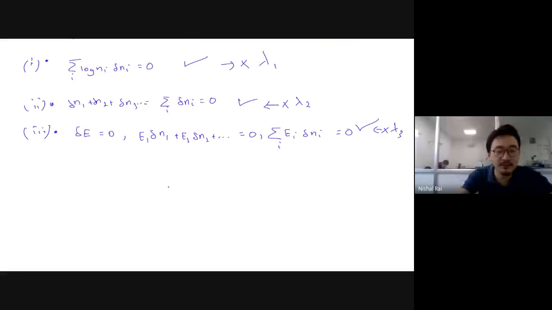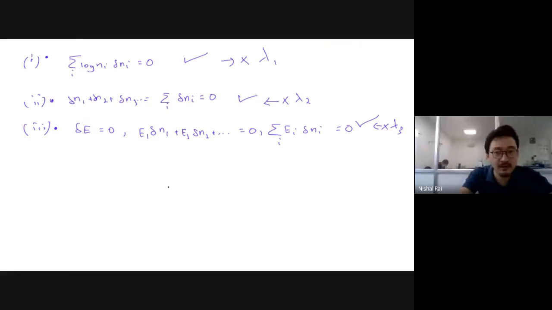I think it's the same thing you have done in your Lagrange undetermined multipliers. Do you all remember that in classical mechanics? For the time being, the condition is basically that these 3 should be satisfied simultaneously. And in addition to this, you have this delta Ni sitting over here, here, everywhere. So for all these quantities to be satisfied simultaneously, what do we usually do? We multiply these with certain constants and add them up.